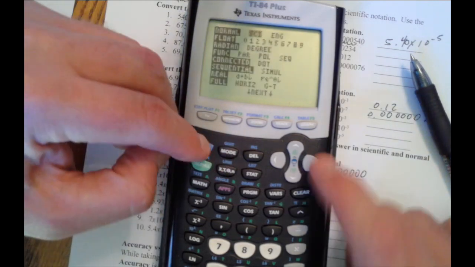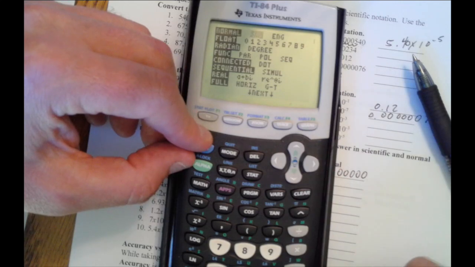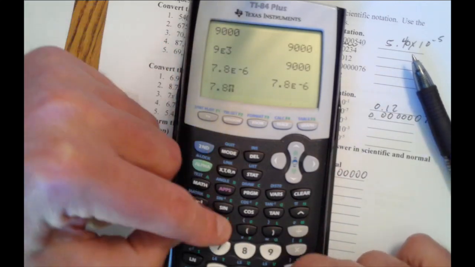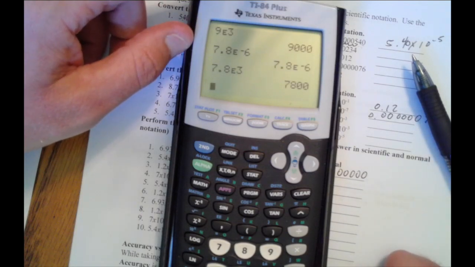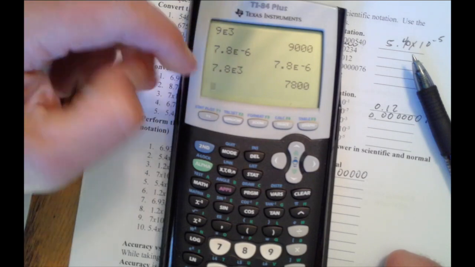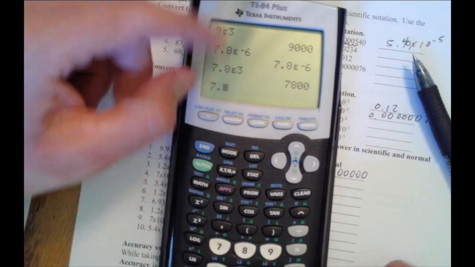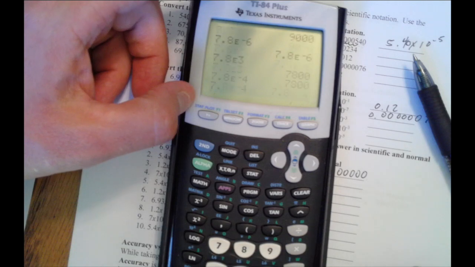If we go to mode, go to Sci, wait, that's a normal, that should have been. Maybe these won't do it as well. Maybe that number's a little bit too big. Let's try. Yeah, you may have trouble if you're using one of these. I know it does work with the TI-30X2S. 7.8 times 10 to the negative 4th. Maybe it just doesn't do it with the negatives.